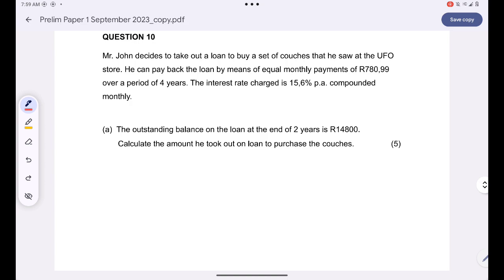The interest rate is charged at 15.6% per annum compounded monthly. And then we are told that the outstanding balance on the loan at the end of 2 years is 14,800 rands. Calculate the amount he took out on the loan to purchase the couches.